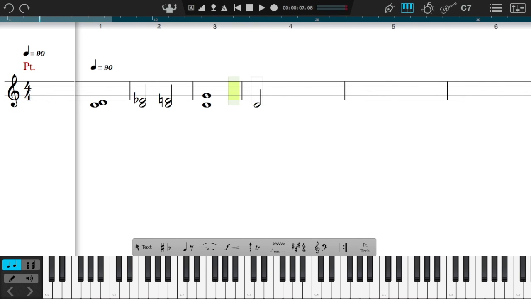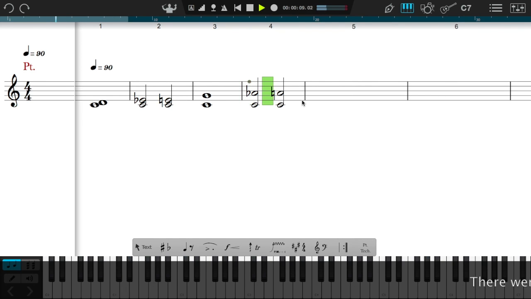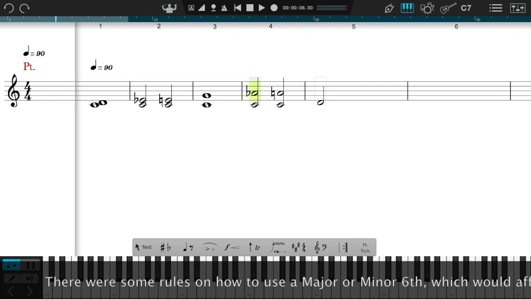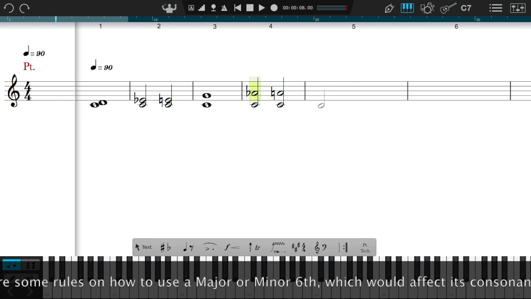Let's look at both the minor and major sixth. So there's minor, and there's major. These were also considered consonant, either one. All right, how about the seventh?